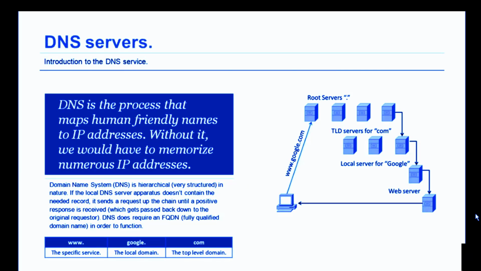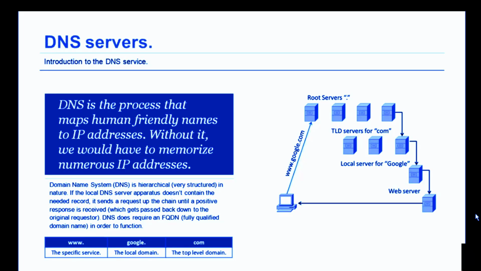Now, DNS is the process that maps human-friendly names, as in www.google.com, to their appropriate IP addresses. Without DNS, we would have to memorize all of the IP addresses that we wished to visit. DNS stands for Domain Name System, and it's very structured in nature.